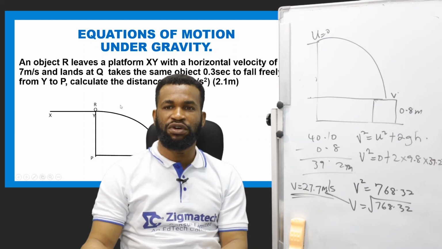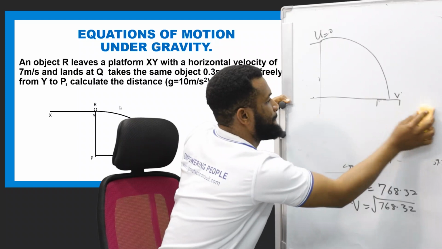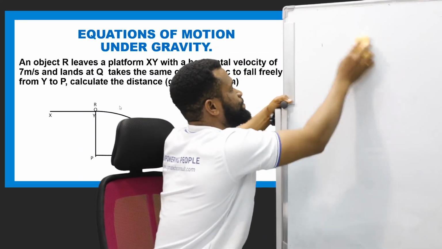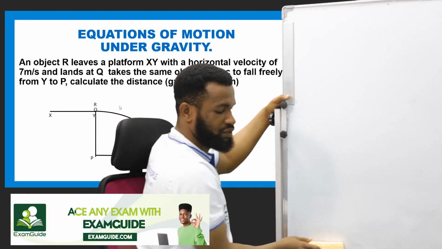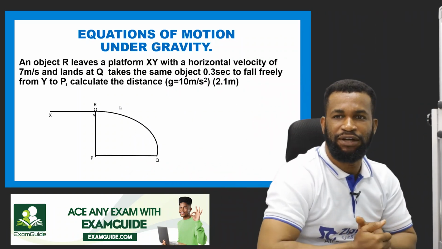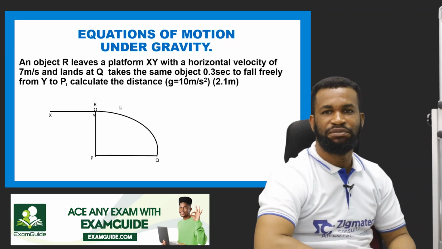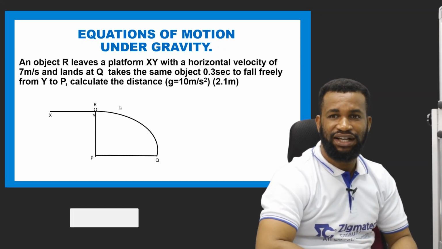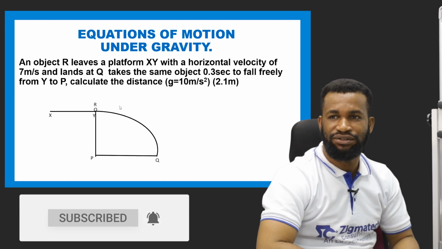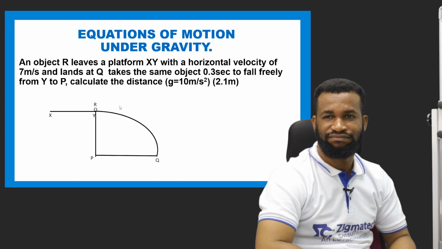All right, we have one more question. An object R leaves a platform XY with a horizontal velocity of 7 meters per second and lands at Q. The same object takes 0.3 seconds to fall freely from Y to P. Calculate the distance.